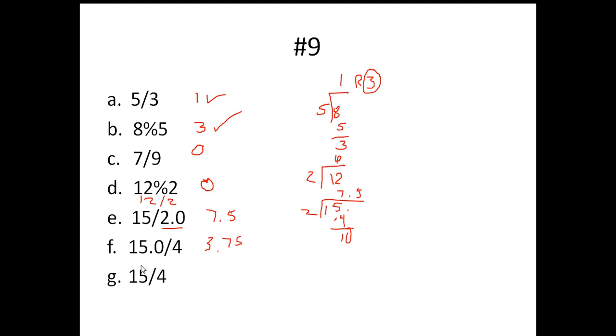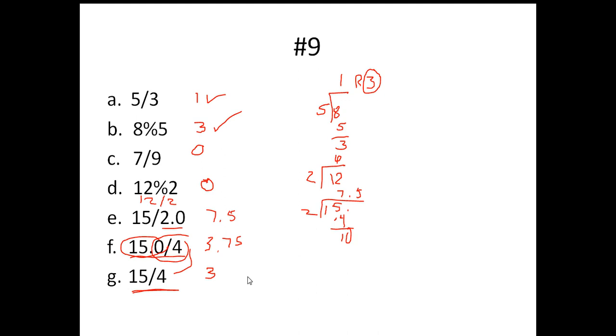The last one shows the difference between this and this, where this has a decimal and this does not. An int 15 divided by int 4 is going to be 3 point something, but because the answer has to be an int, we just keep the 3. That shows the difference.